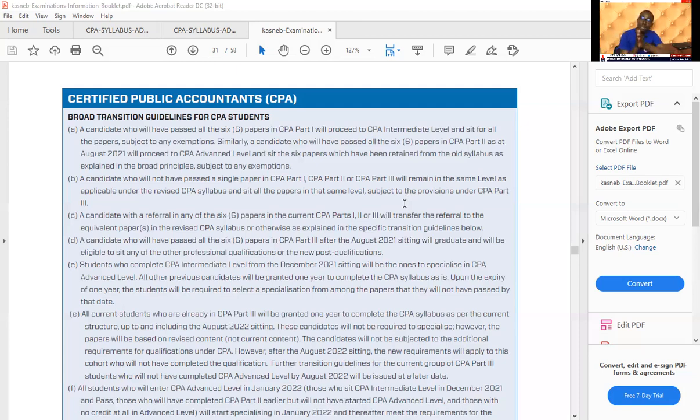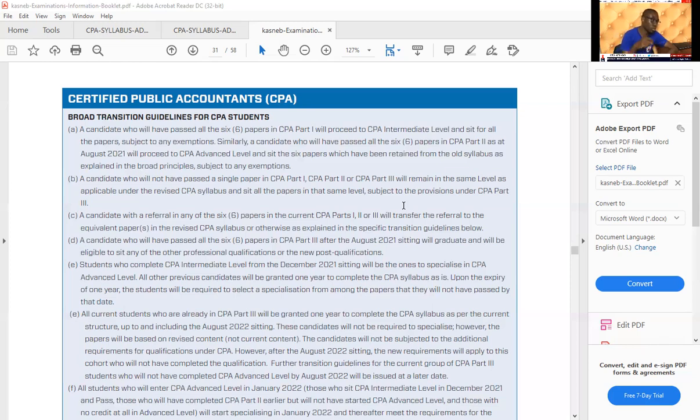This means that in the event that you fail all your papers, you will be subjected to all these papers under the new syllabus, subject to probably any exemption that you have earned earlier on. But if you fail all these papers, it means that you are going to sit on the same level and clear all those papers, but under the new syllabus.